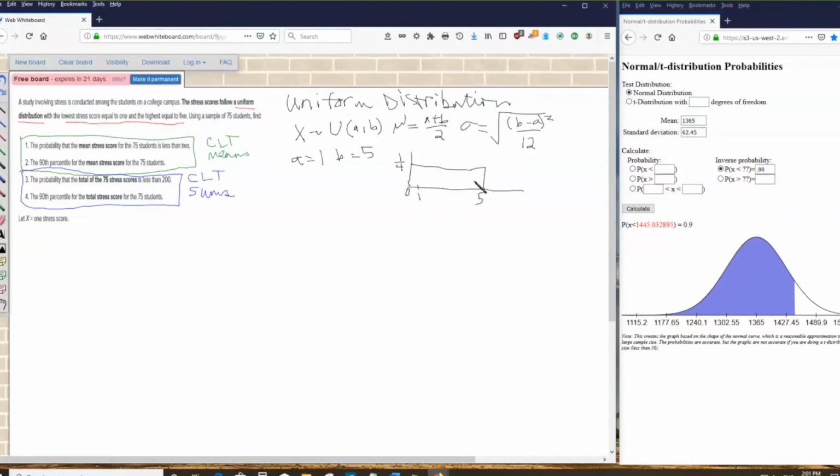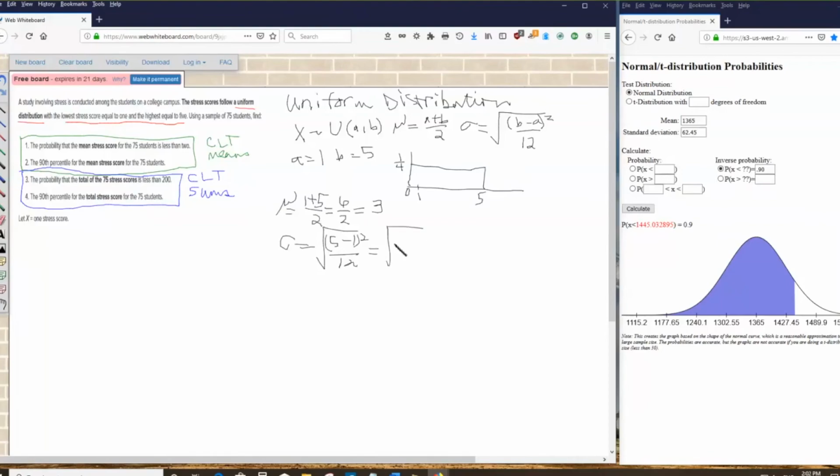So now, let's plug in those numbers to get our mean and our standard deviation. Our mean is going to be 1 plus 5 over 2, so that's 6 over 2, which equals 3. And our standard deviation is going to be the square root of 5 minus 1 squared divided by 12.